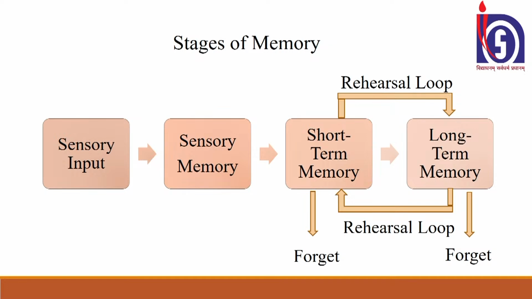If you pay attention and if it is important, then it gets transferred to short term memory. In short term memory there are two ways, like I told you. You can do maintenance rehearsal or elaborative rehearsal, and through these two processes the information will get transferred to long term memory. So this is how the information travels through the different stages and reaches long term memory.